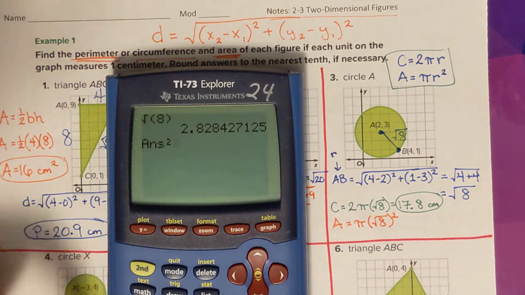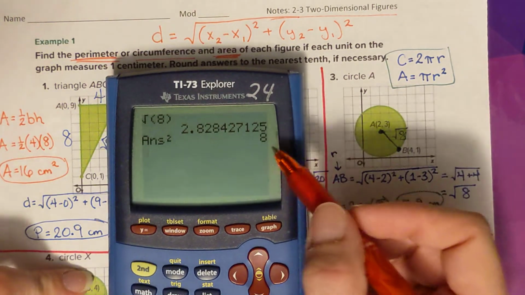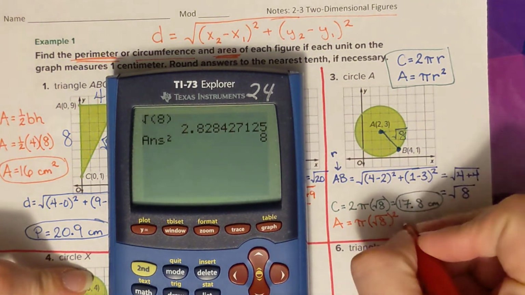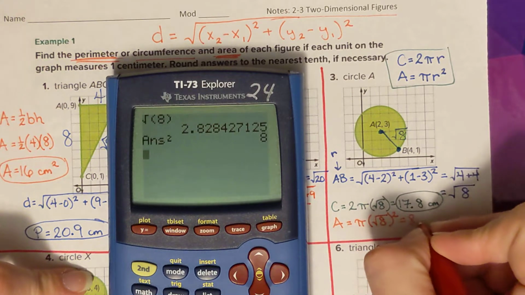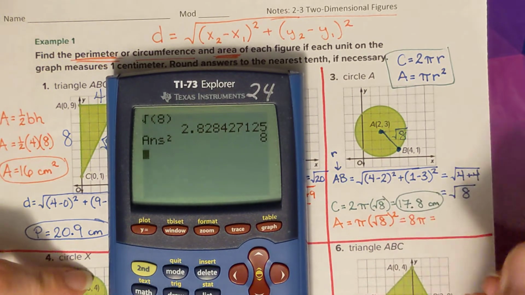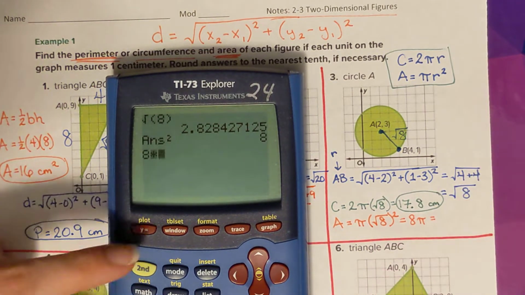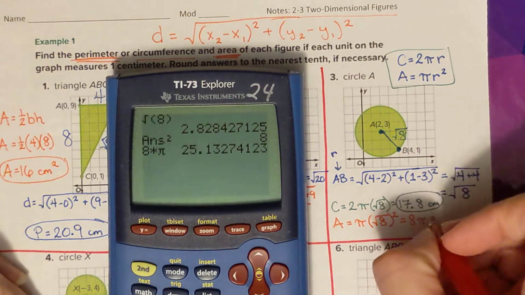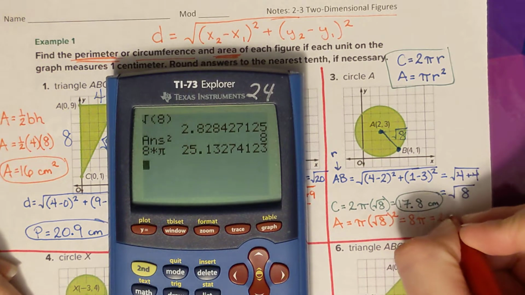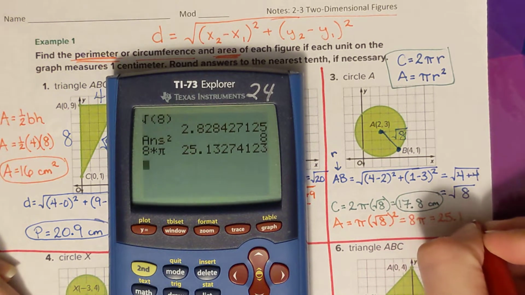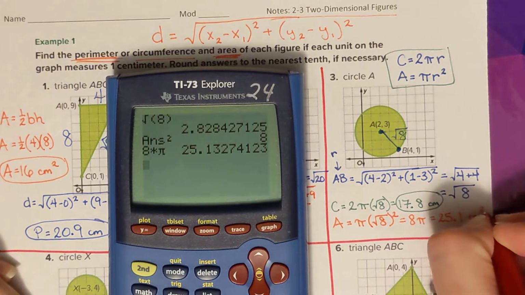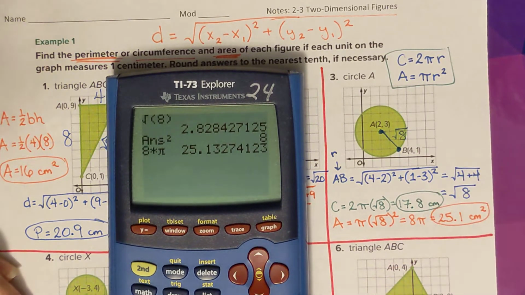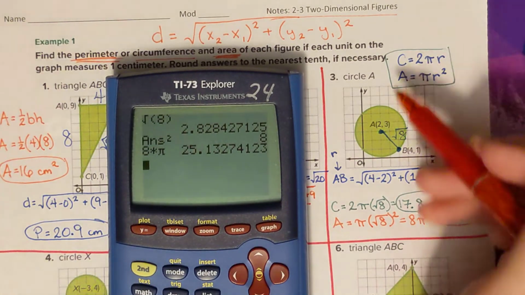If I square that, put it to a power of 2, you just get that number back that was inside. You just get 8. So this just turns into 8 times pi, but you still got to figure out what that is. So 8 times pi is that. But again, we're rounding it to the nearest tenth, so 25.1 centimeters, and again, it's still area, so it's centimeters squared. And that is how you do a circle.